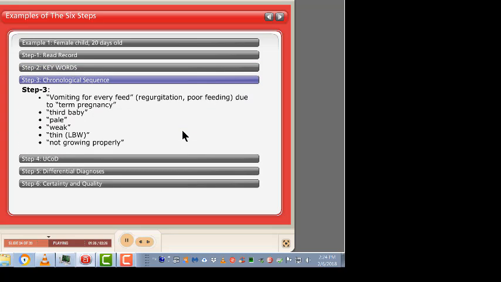Step 3. Vomiting for every feed, regurgitation, poor feeding. Due to term pregnancy. Third baby, pale, weak, thin, LBW, not growing properly.